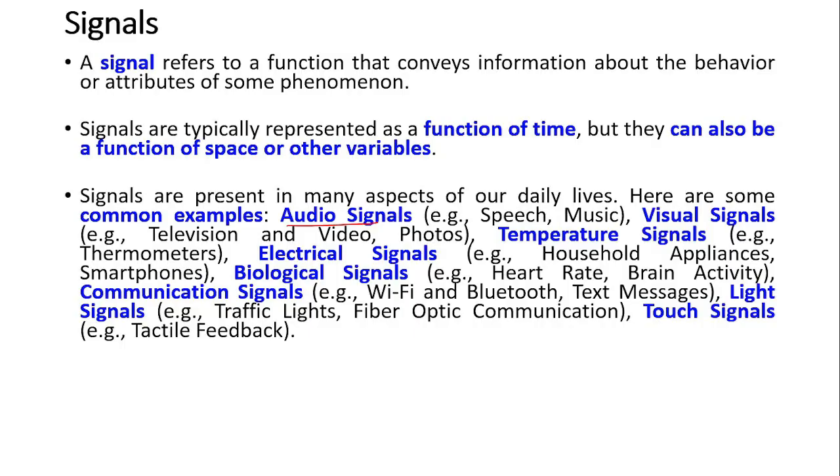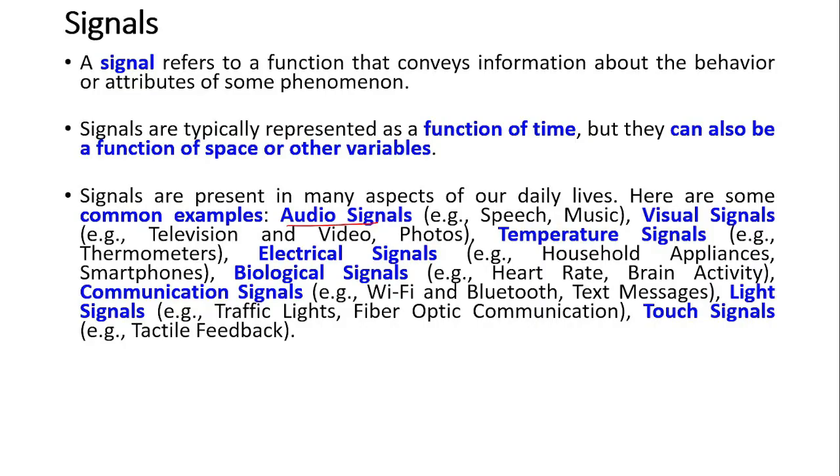Similarly, for example, video graphics, that is a signal. Temperature signal: when we get sick, our parents take the temperature of our body at regular intervals. So we are measuring the temperature, which is the information, or you can say an attribute, which is varying over a period of time.